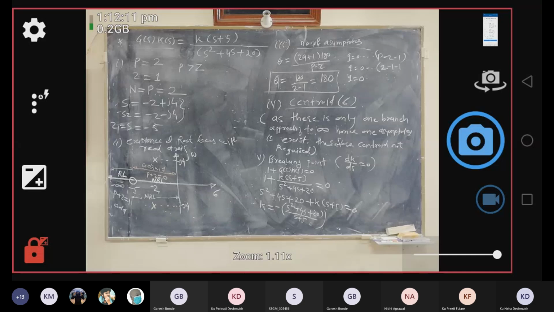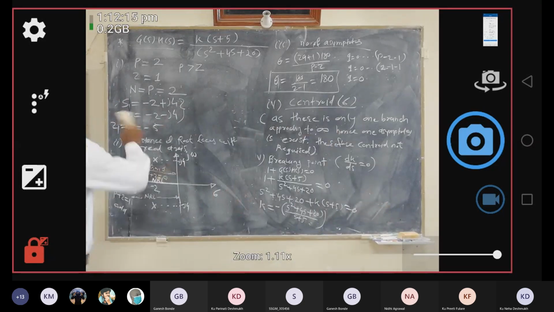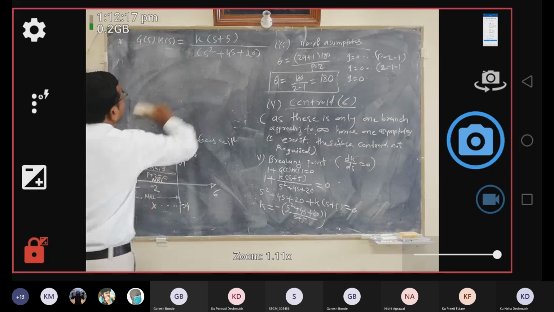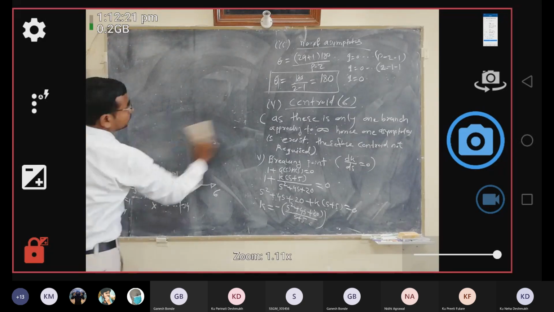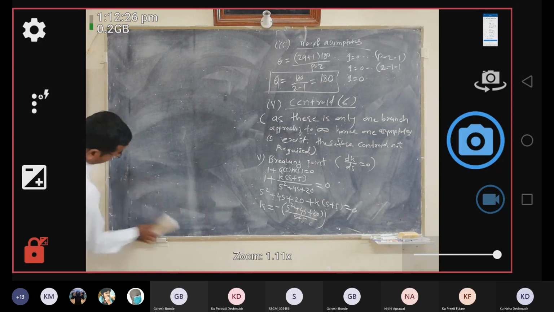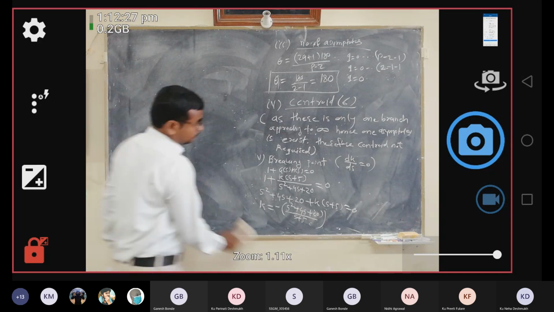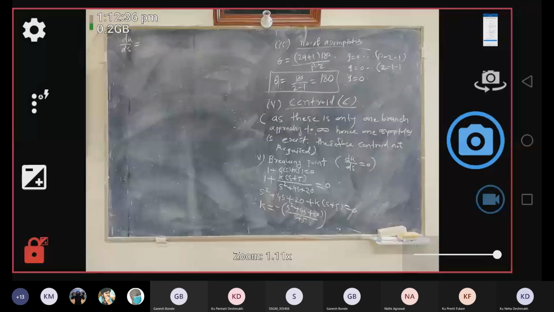So now obtain dk by ds. So differentiate this K with respect to s. So dk by ds equal to, which rule is applicable here?